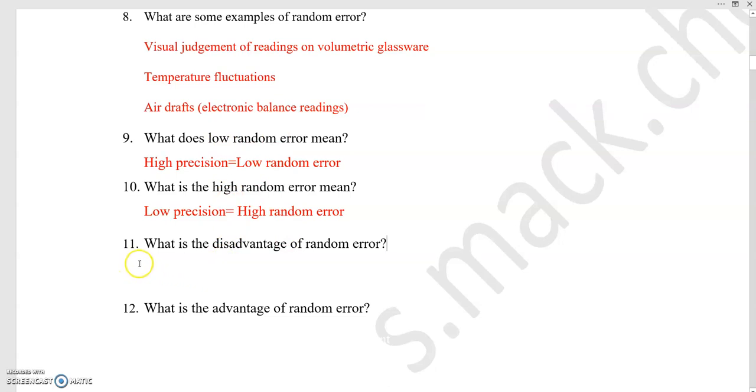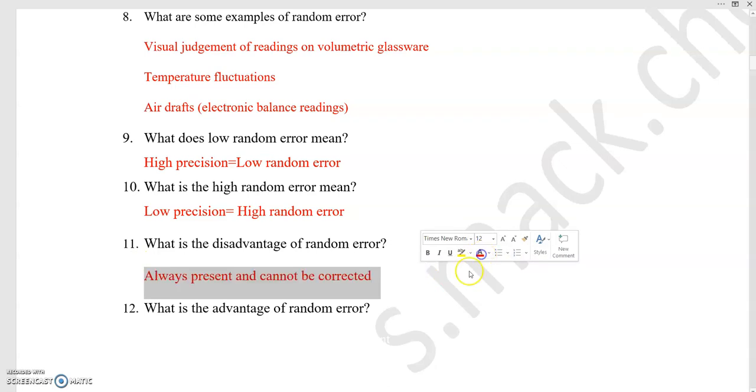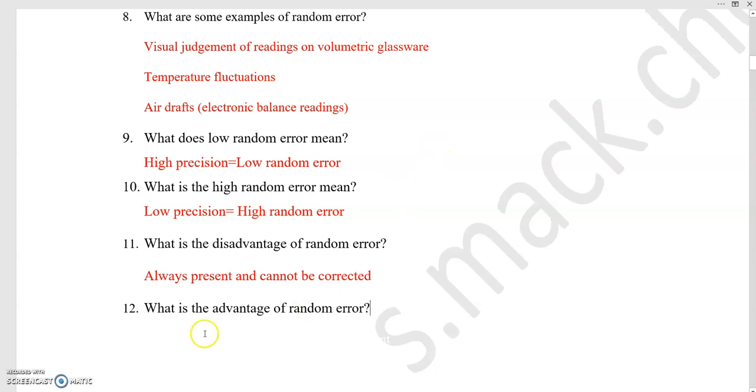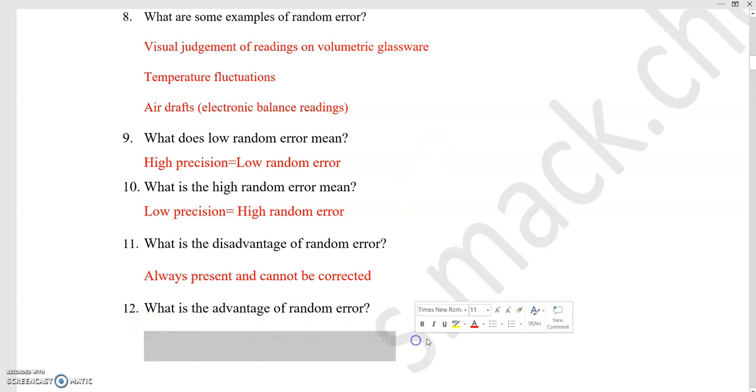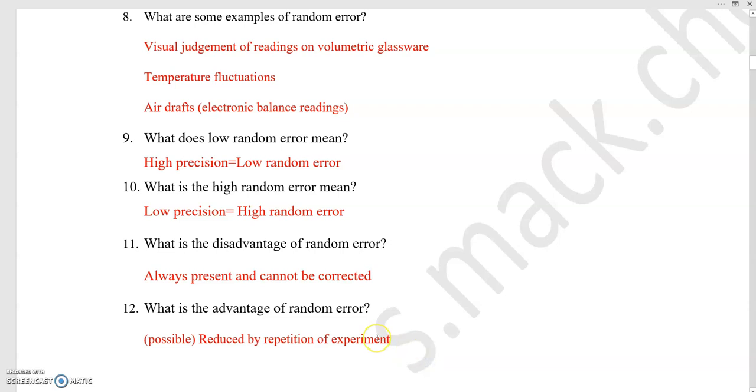Now consider if your experiment contains random error, it is said that it is always present and cannot be corrected. However, there is an advantage of random error where we say it is possible to reduce the amount of random error in an experiment by replicating the experiment, that is, by repetition or replicate measurements.